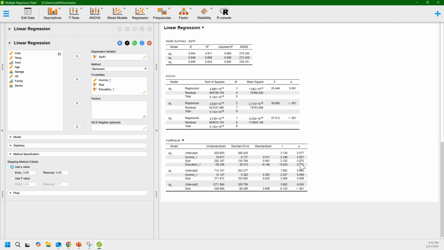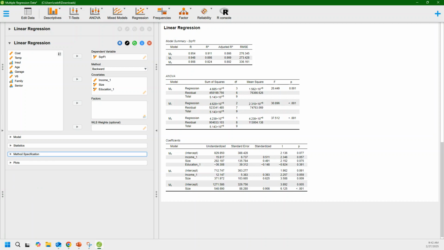It was an insignificant predictor. My second model had both of these. Income was insignificant. And then I get to my third model where family size is the only significant predictor. So this is one of those cases where I have ended up with one predictor in my final equation.